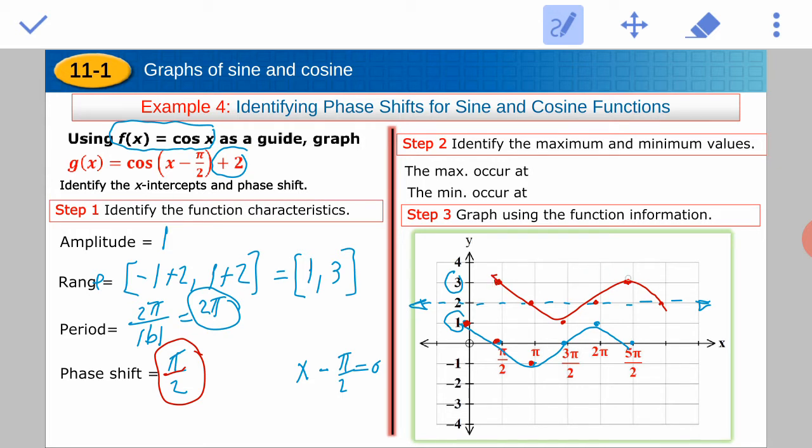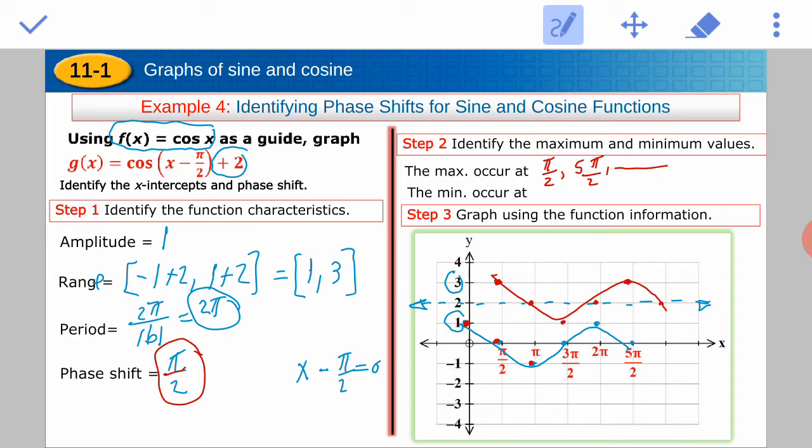The maximum occurs after one period, and the start point is at pi over 2, so the maximum occurs at pi over 2. And if you add one period, 2 pi, to this, you will get 5 pi over 2. This is exactly the second maximum, 5 pi over 2, and you can continue by adding 2 pi all the time. What about the minimum? The minimum occurs at this point.